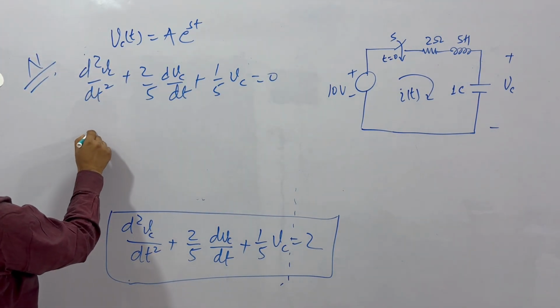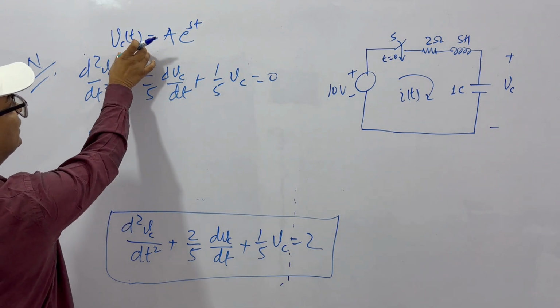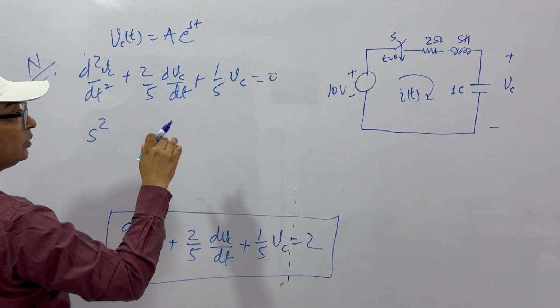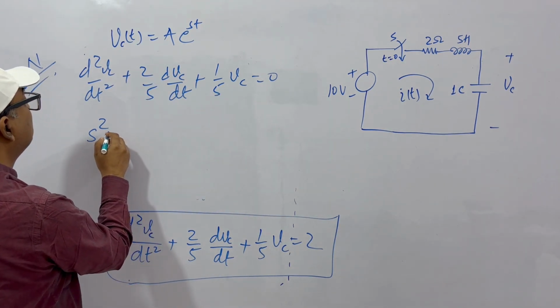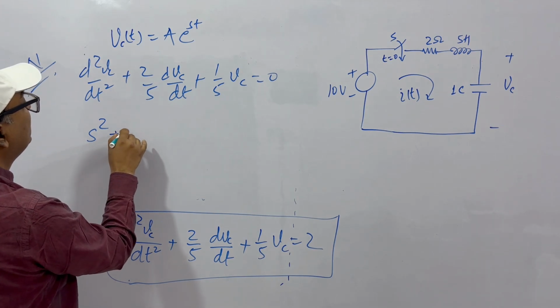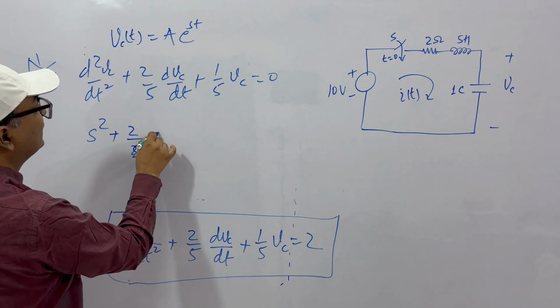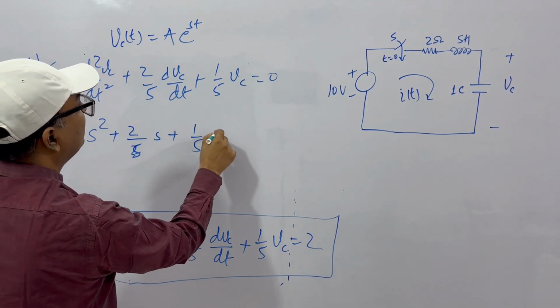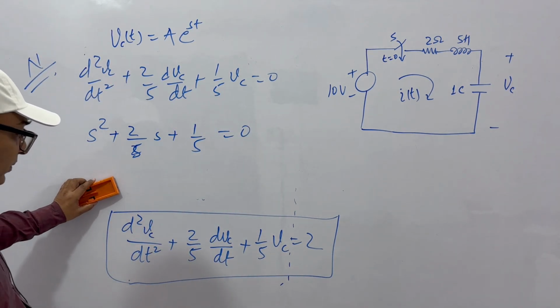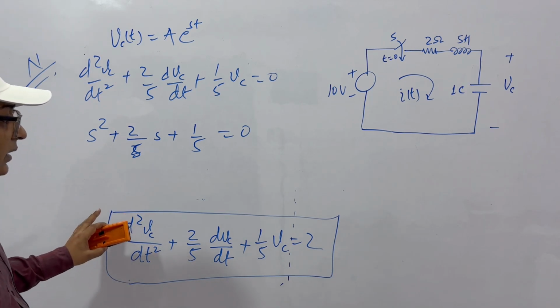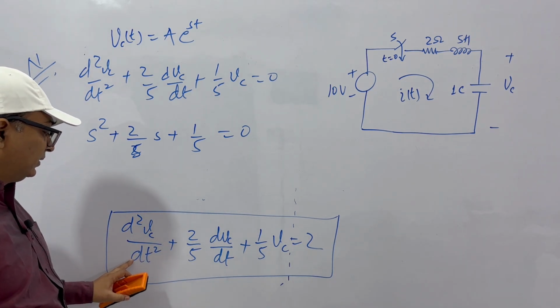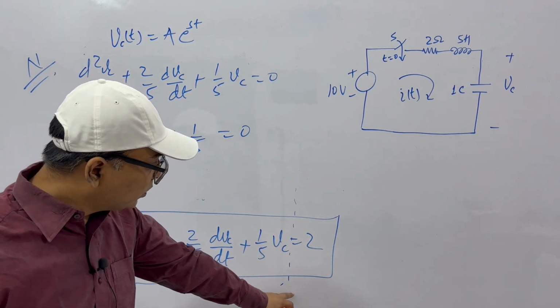So from here you get the characteristic equation, which we have done in RLC circuit analysis. So this will be s square plus 2/5 s plus 1/5 equal to 0. Now, before rubbing this part, I told you this is the forced response.